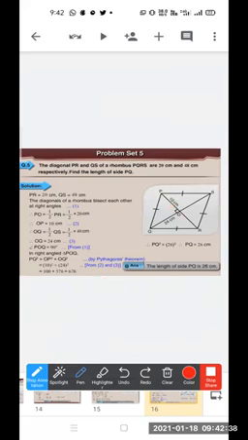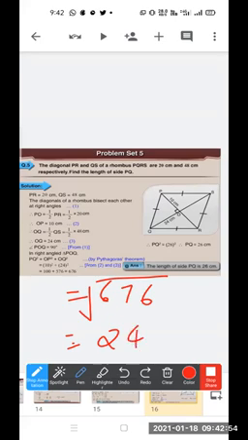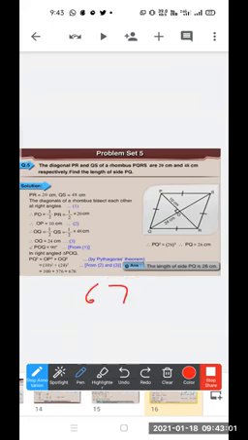So 576 plus 100 we get 676. The square root of 676 is 26. So the length of PQ is equal to 26 centimeter.